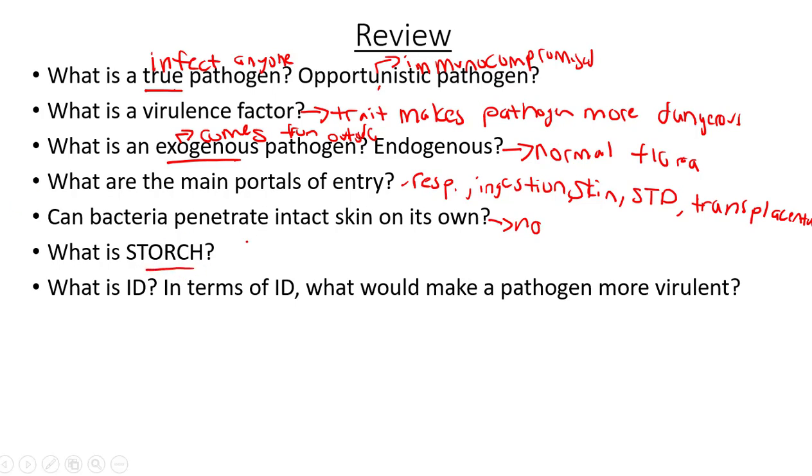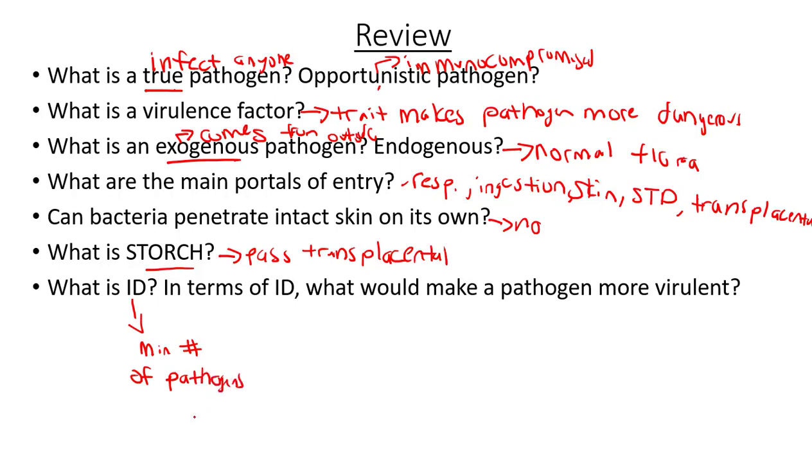What is STORCH? STORCH is those diseases that can pass transplacental. What is ID? This is the infectious dose, the minimum number of pathogens it takes to cause the illness, whether they need to be ingested, inhaled, or any other form of entry. In terms of ID, what would make a pathogen more virulent? A lower infectious dose would make the pathogen more virulent.